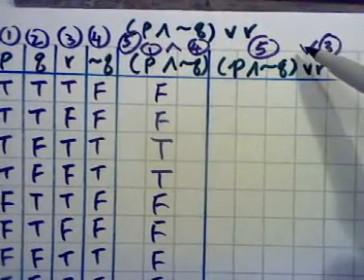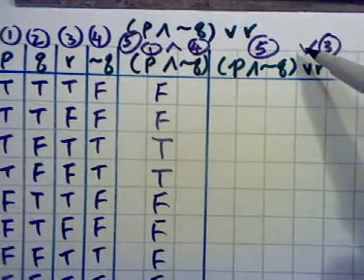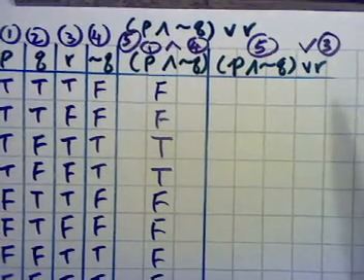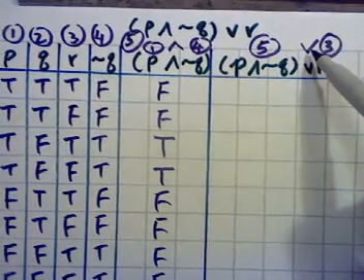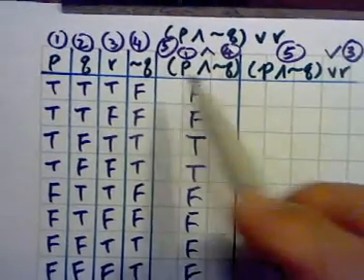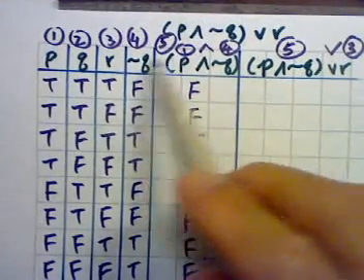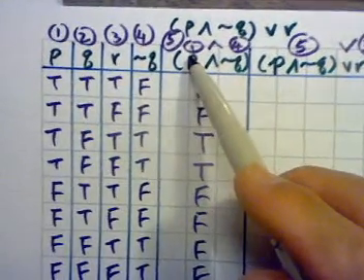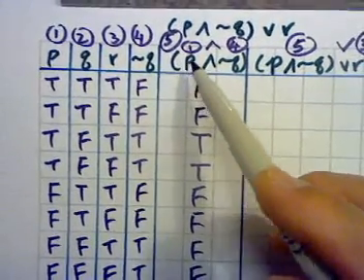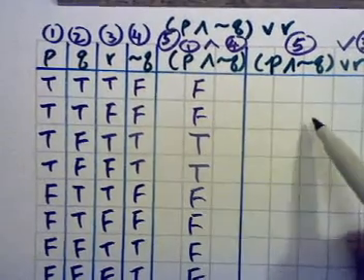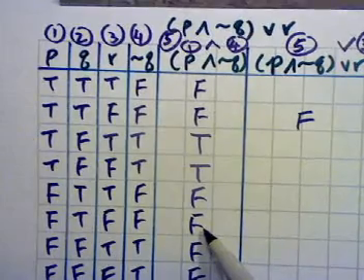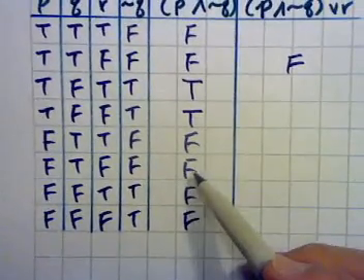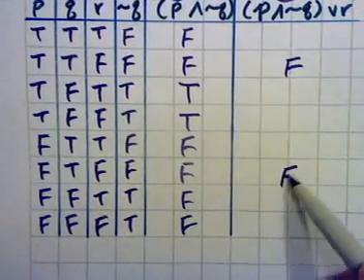For disjunction, it's all T except one case, where you have 2 F's. So look at column 5 and column 3 and look for where you have 2 F's. It happens in the second case. Where else? On the 6th case. This is where I have 2 F's.